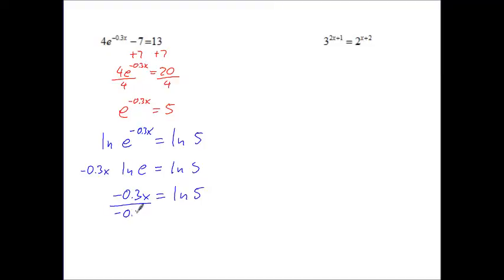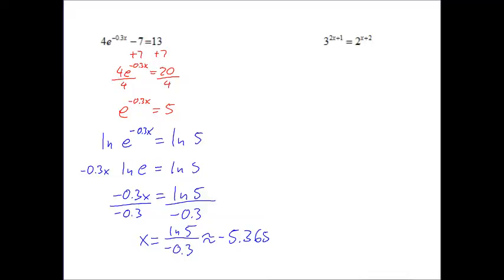Divide both sides by negative 0.3, and x is equal to ln 5 divided by negative 0.3, and that is approximately negative 5.365.